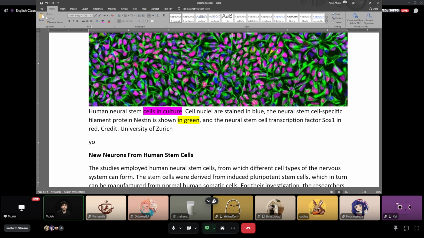When we make yogurt, Greek yogurt or whatever, we always use culture and mix it with milk, and that makes the yogurt. So from that context, I got that cells in culture means it's a sample.